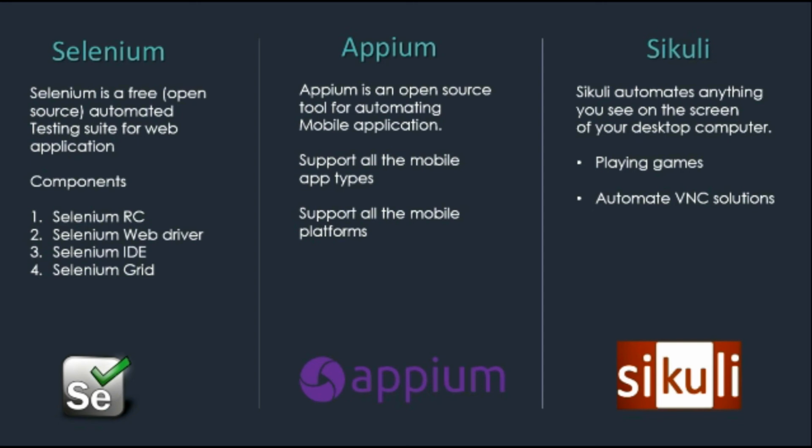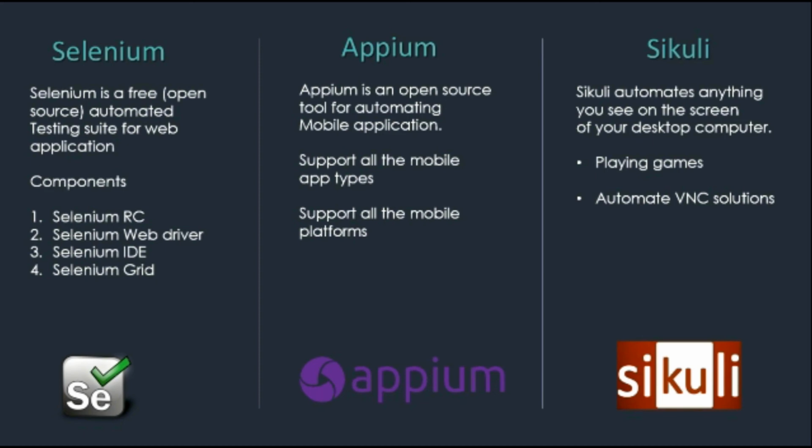Normally we use Selenium WebDriver for our automation process. The third one is Selenium IDE. It's a very small IDE. We can record automation steps by using Selenium IDE. And the fourth one is Selenium Grid. Normally we use Selenium Grid for parallel test execution.